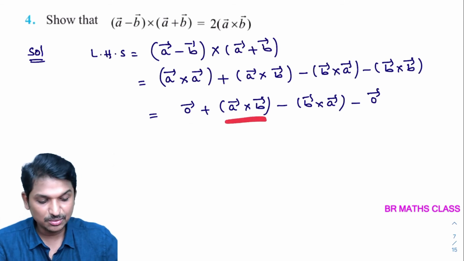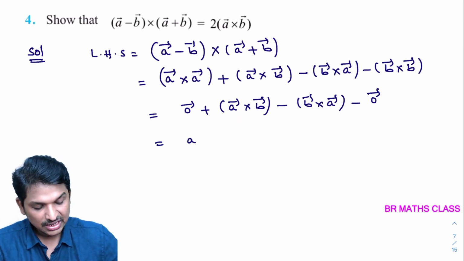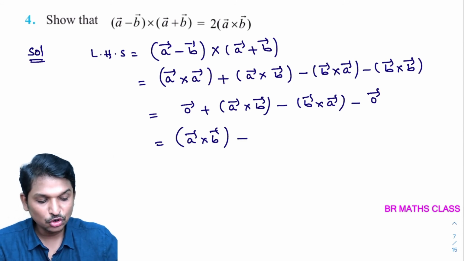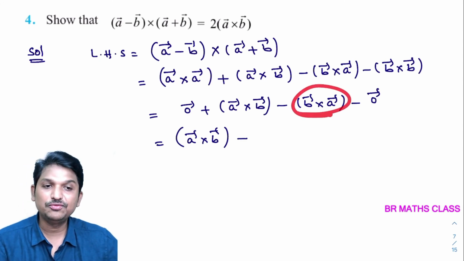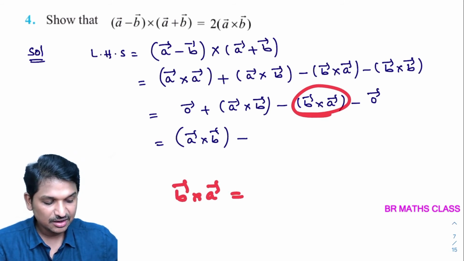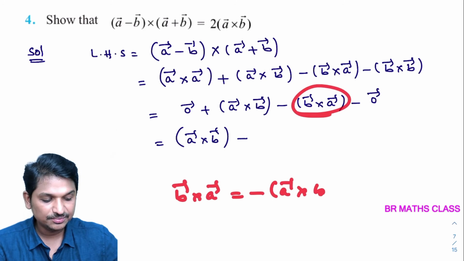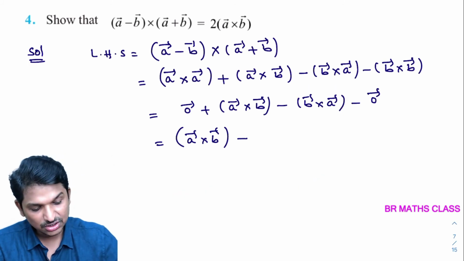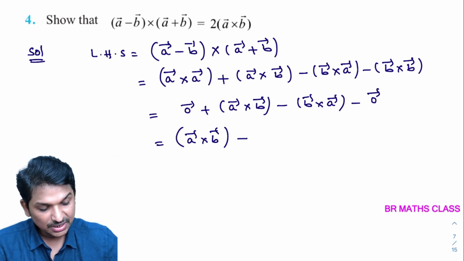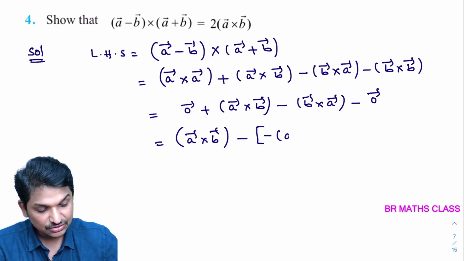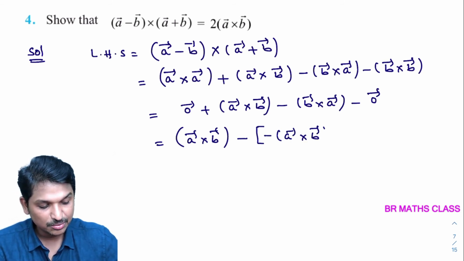Now you write this one, a bar cross b bar. This is equal to a bar cross b bar minus b bar cross a bar. Look here, we have a formula from the 14 formulas you learned: b bar cross a bar can be written as minus of a bar cross b bar. So this minus b bar cross a bar can be written as minus of minus a bar cross b bar, right?